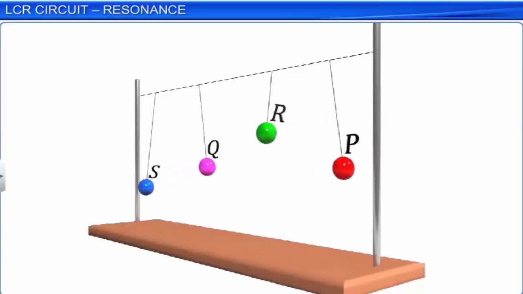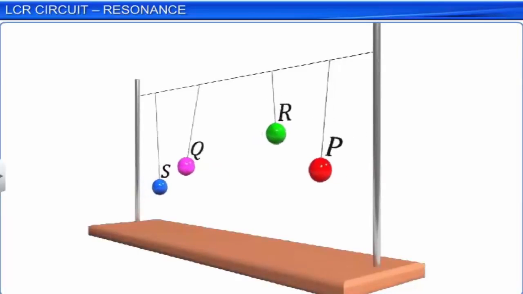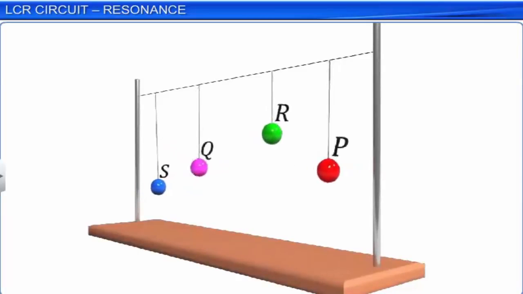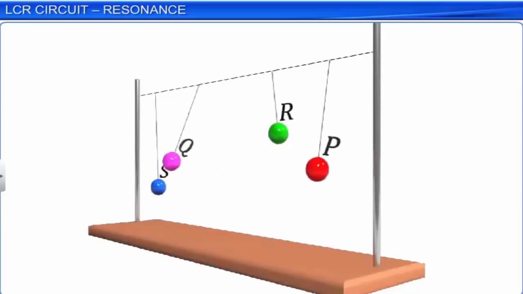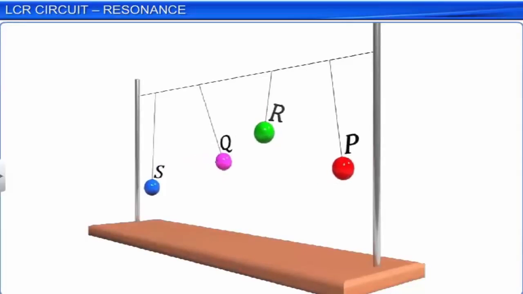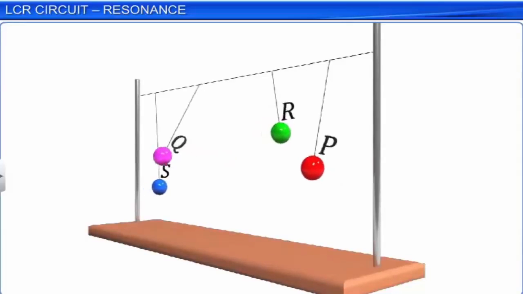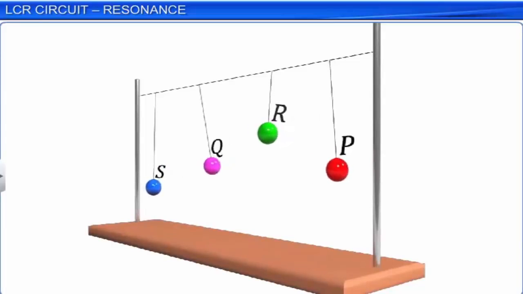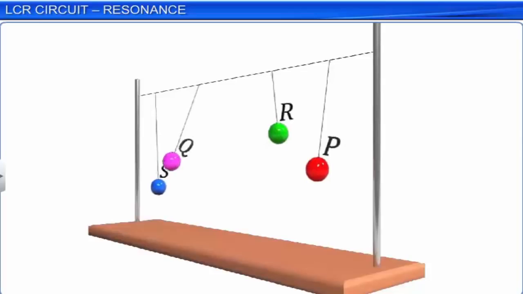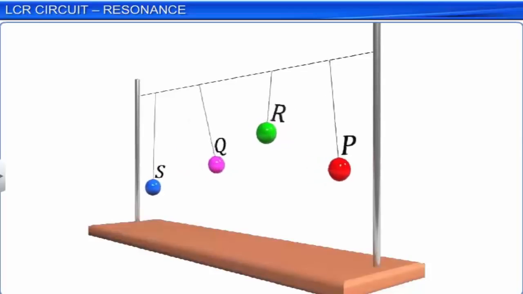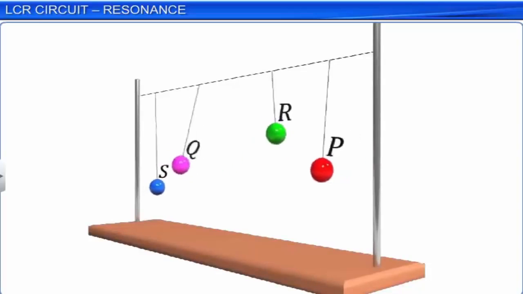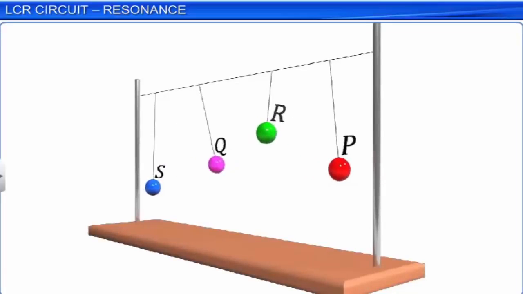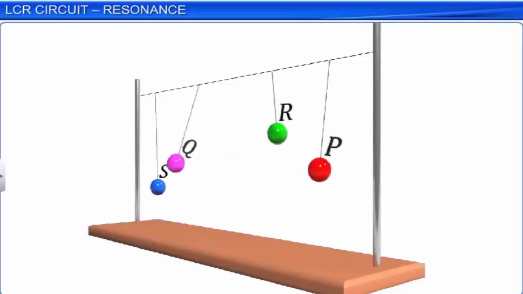Here, the oscillation is due to an external force, which is from the pendulum P. Out of the three pendulums Q, R and S, the length of pendulum Q is equal to that of pendulum P. Hence, the natural frequencies of these two pendulums are equal, and this gives rise to the situation where the pendulum Q oscillates with increasing amplitude due to resonance. This is an example of resonance in mechanical systems.